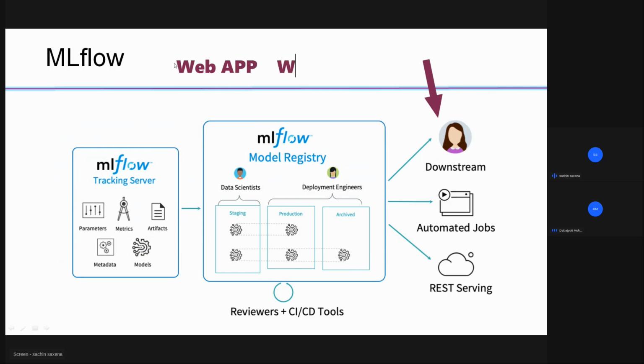For this web app or website, you can use these endpoints once you have registered your model. This is going to monitor your staging, production, archive. What kind of CI/CD tools are there, what kind of other monitoring tools are there, it is going to take care of everything.